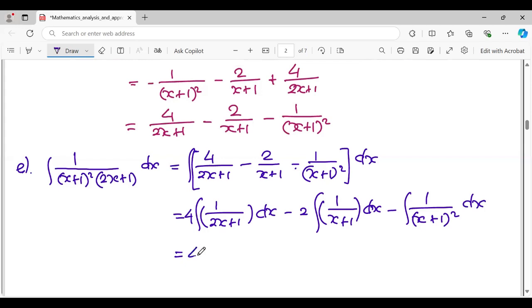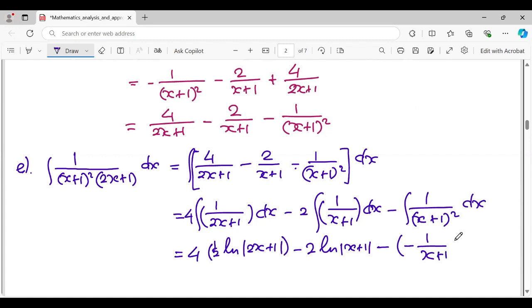And the integral of this expression is half ln (2x plus 1) minus 2 ln (x plus 1) minus 1 over (x plus 1) plus c.